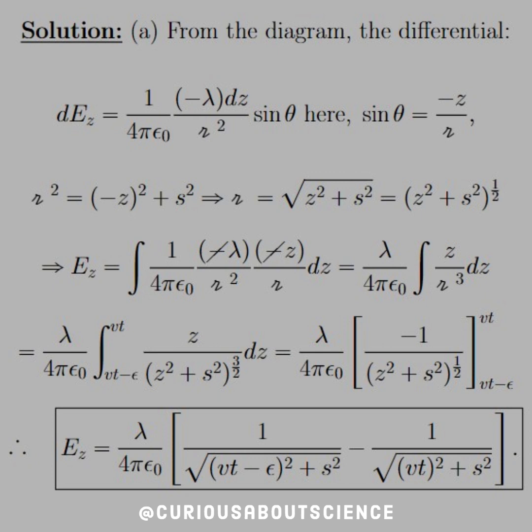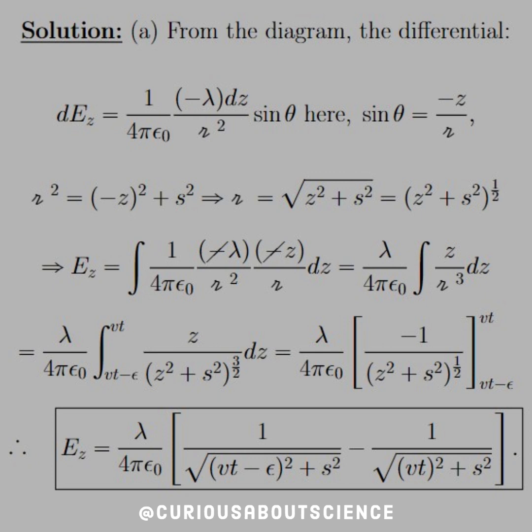Put it all together: script r is the square root of z squared plus s squared, which we'll put to the 1/2 power since we're going to have 3 of them in the denominator. So integrating this to find the electric field gives us 1 over 4 pi epsilon naught, negative lambda over script r squared, times negative z over script r, dz.